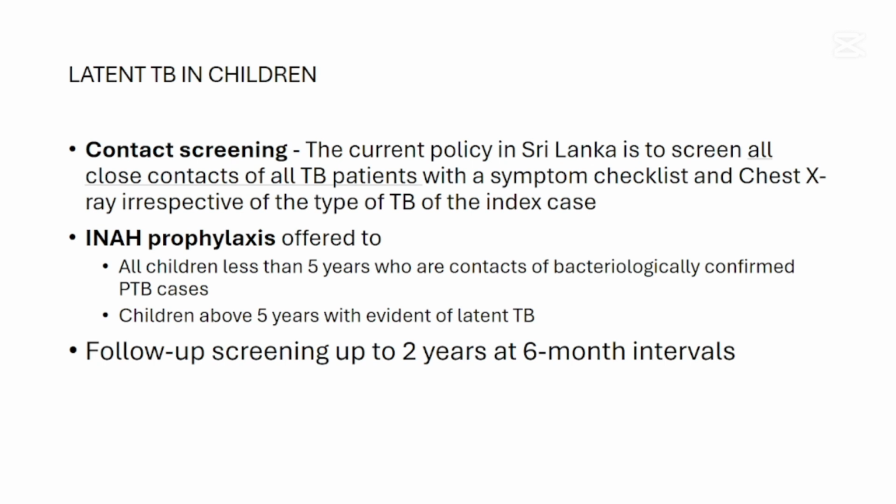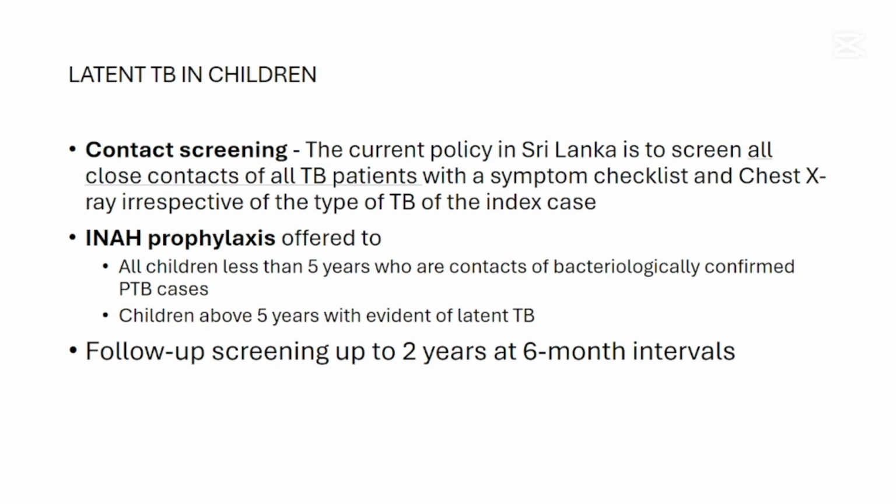So regarding latent TB, according to the latent TB guideline in Sri Lanka, we should do contact screening of all the close contacts of all TB patients, with a checklist and a chest X-ray.